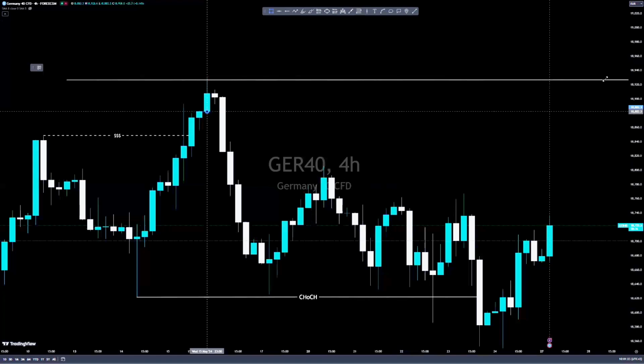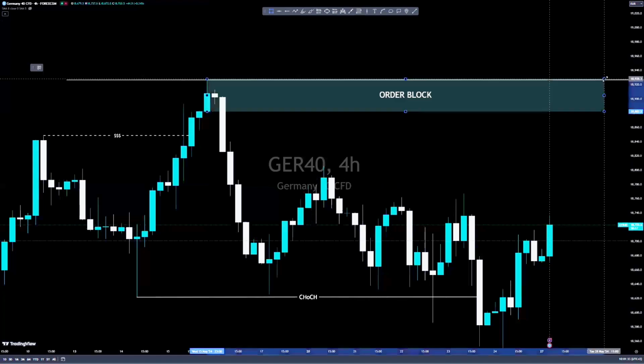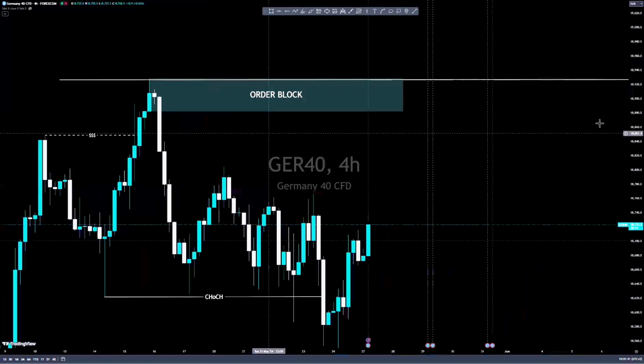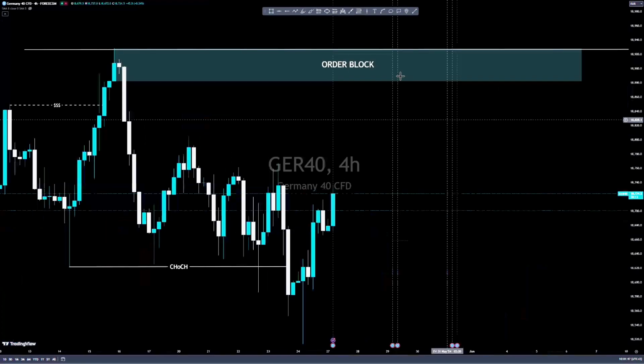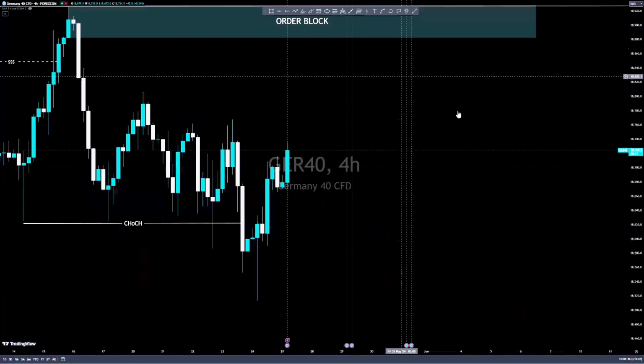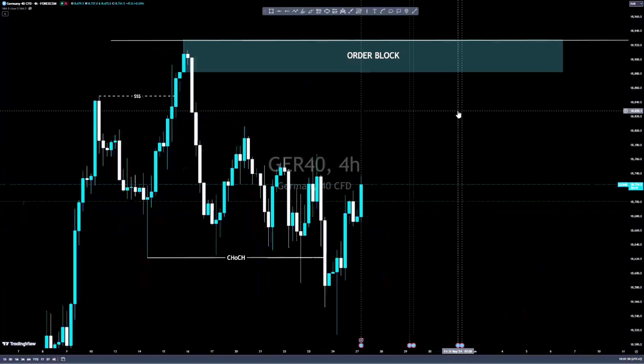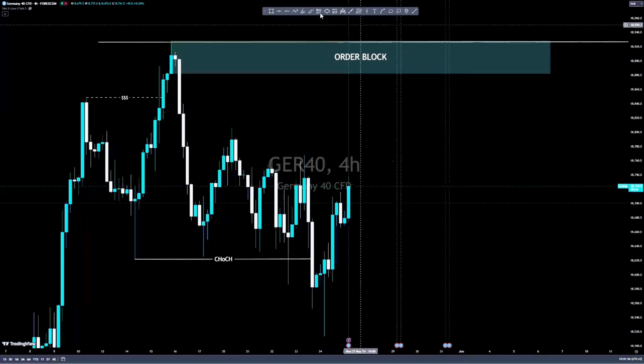So this is how we mark an order block properly. Or let me just stretch this. This is what it's going to look like. So we're going to place our orders here.